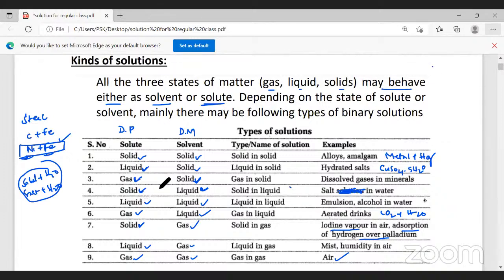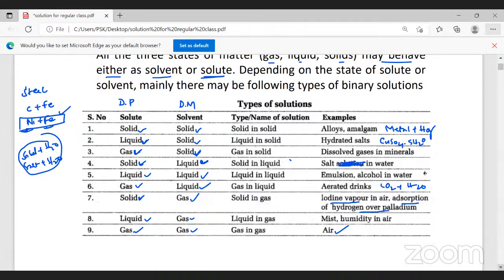Depending on the state of solute and solvent, we have 9 types of binary solutions. Binary means two components. So this is important. But in this chapter, we will be learning only solutions in liquid state, that is solid and liquid. We will learn about it in detail.